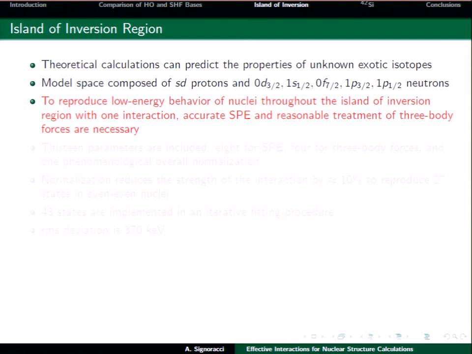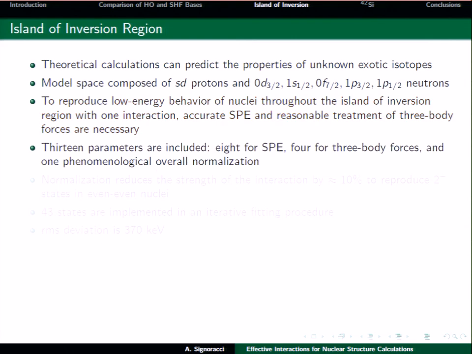So I use a model space with SD proton orbits and these neutron orbits. It's possible that the entire SD and PF shells are important in this region, but for computational reasons, I've excluded the lowest energy and the highest energy orbits from that model space.